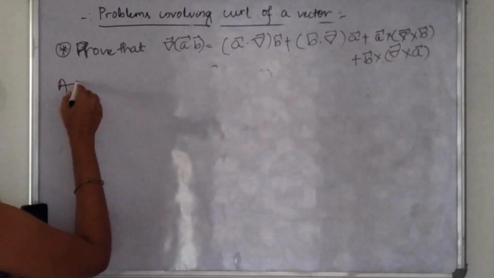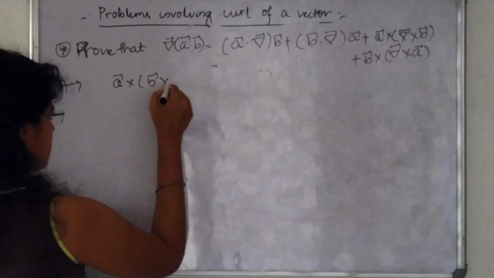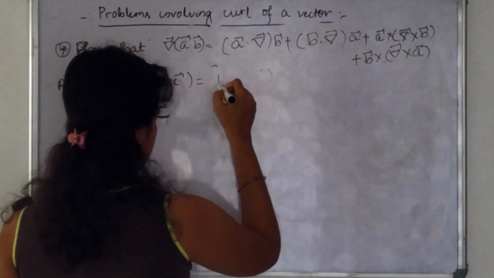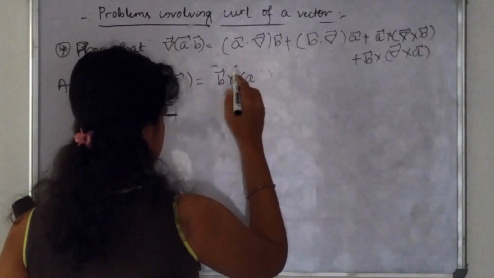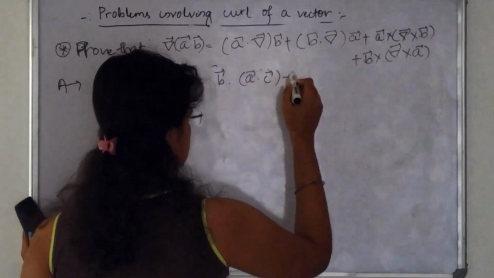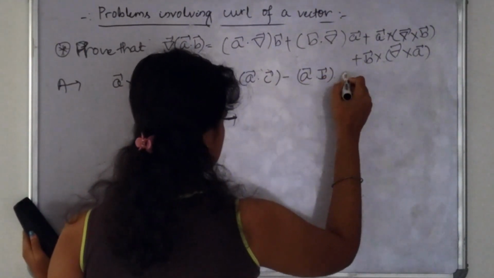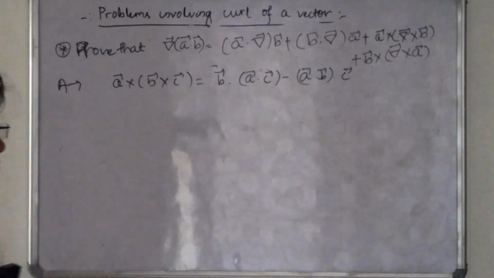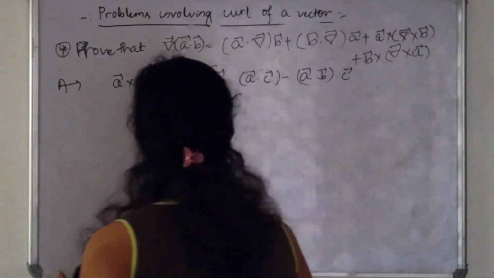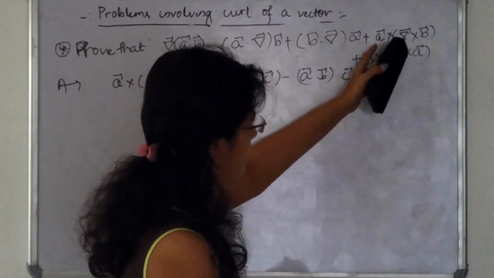Okay, we know the identity, that is A cross B cross C, the vector triple product, is minus A dot B C. Let us take these two vector triple product terms.